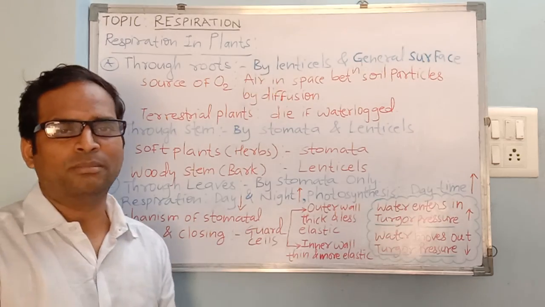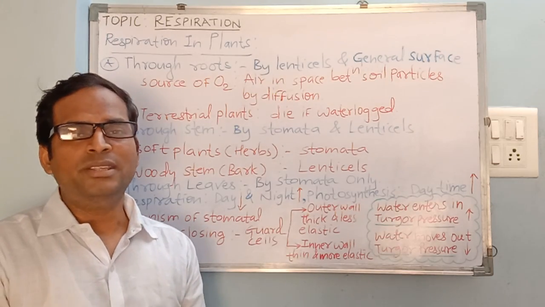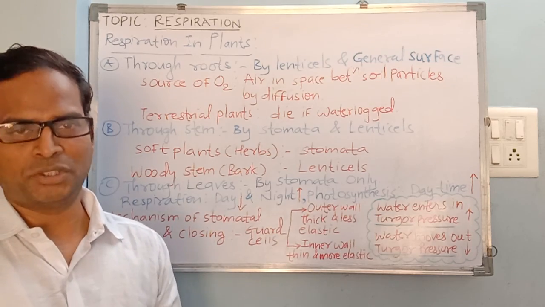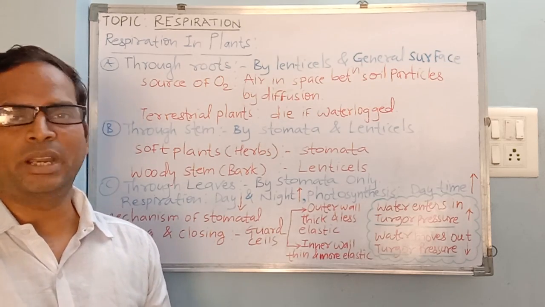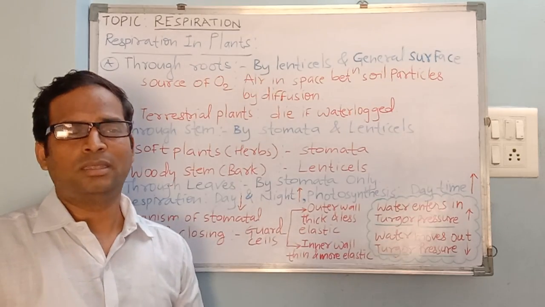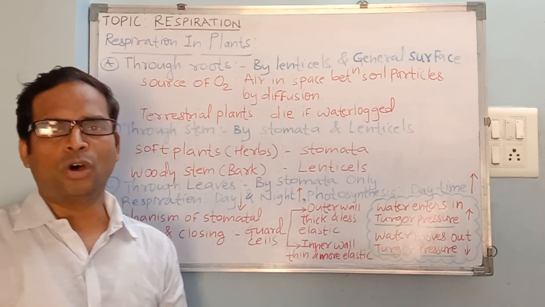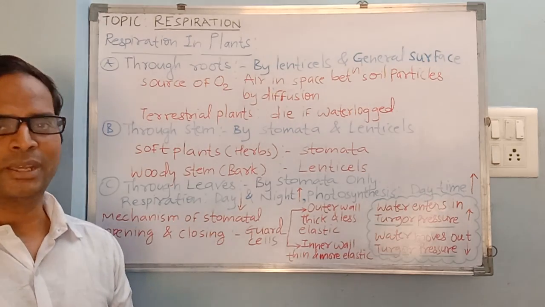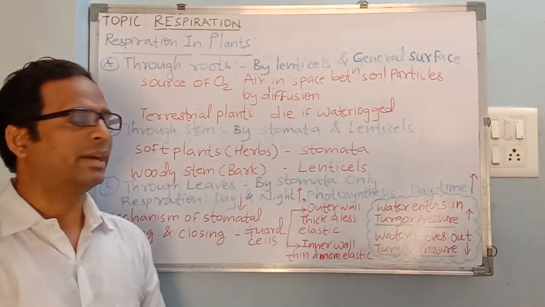So this is the same if you talk about aquatic plants. They can manage, they use the dissolved oxygen, but when it comes to terrestrial plants, they cannot survive for a long time if they are waterlogged for a particular duration of time.